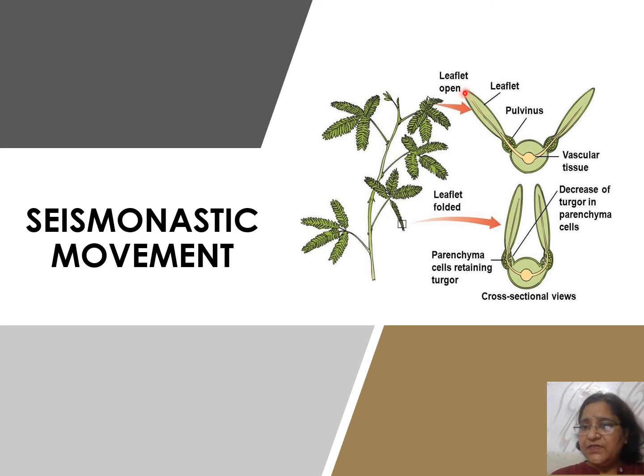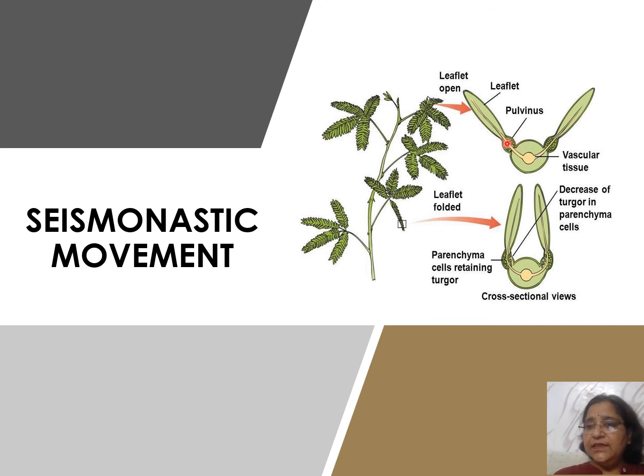When the leaf is touched at the tip, the stimulus of touch moves from the tip to the xylem. Most probably the stimulus is in the form of a hormone, and this hormone travels from the xylem, from the leaf to the pulvinus.